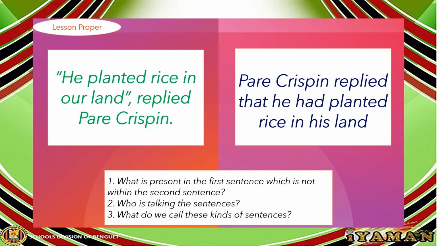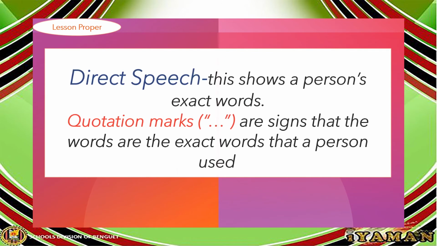Okay, so let's move on. When we say direct speech, this shows a person's exact words. Again, when we say direct speech, this shows a person's exact words. And how do we know that it is in the direct speech? The sign that the words are the exact words that a person uses is the quotation mark.